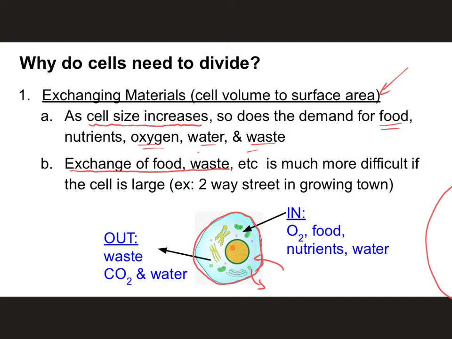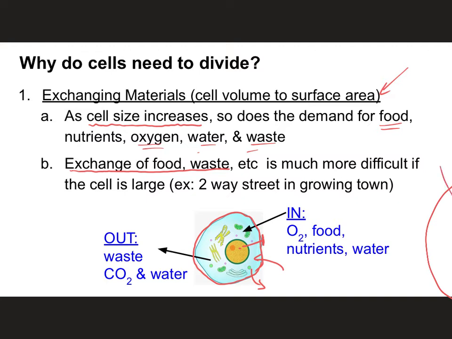Think about how far it is to get from the membrane to the nucleus. See how that's a very short distance? But if a cell is much larger and the nucleus stays the same size, what do you notice? If you're a molecule trying to diffuse into the nucleus, look how far you have to go. You'd have to have much more complex cellular structures to handle that.